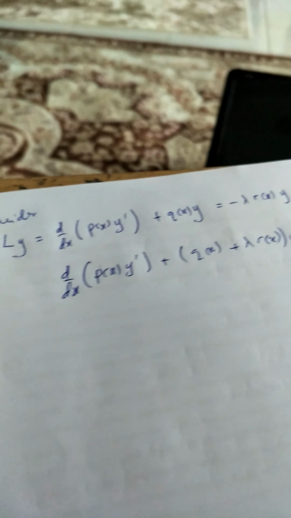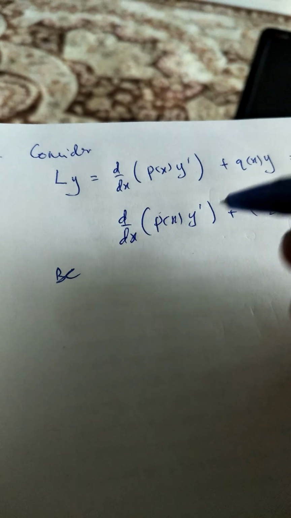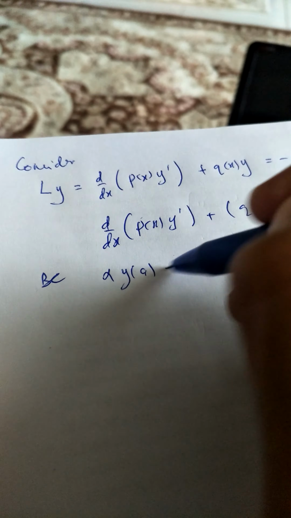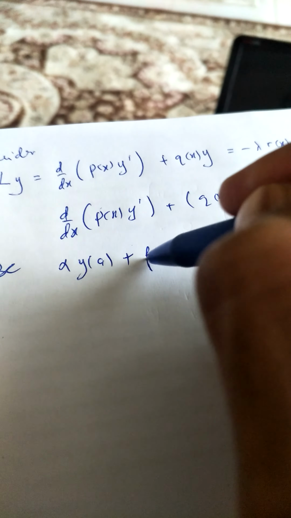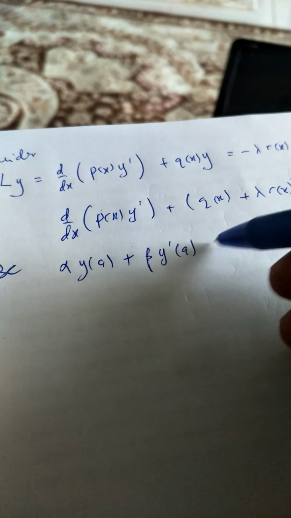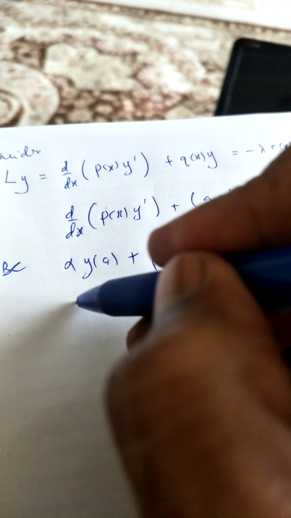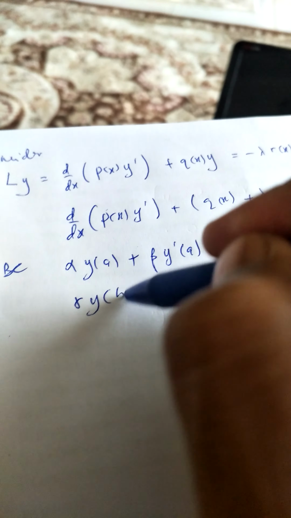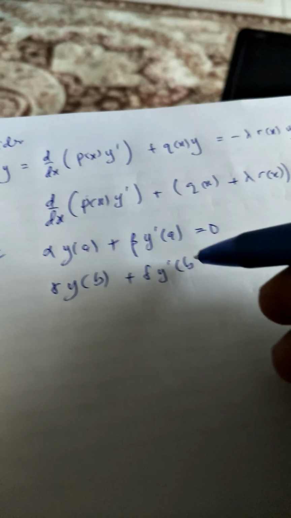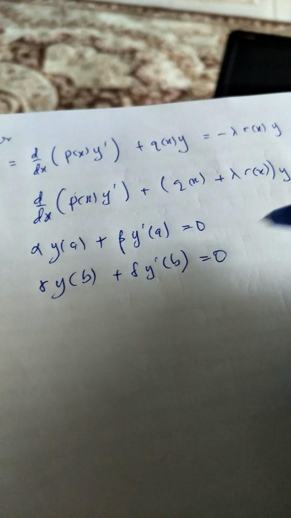Alright, subject to the boundary conditions, we have alpha y(a) plus beta y'(a) equal to 0, and then gamma y(b) plus delta y'(b) equal to 0.